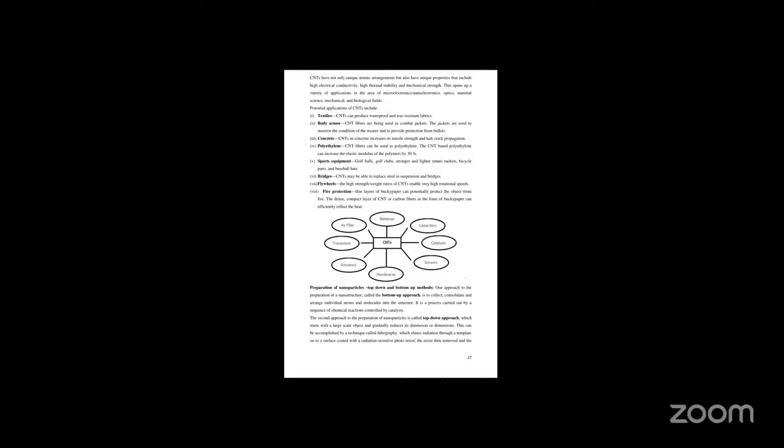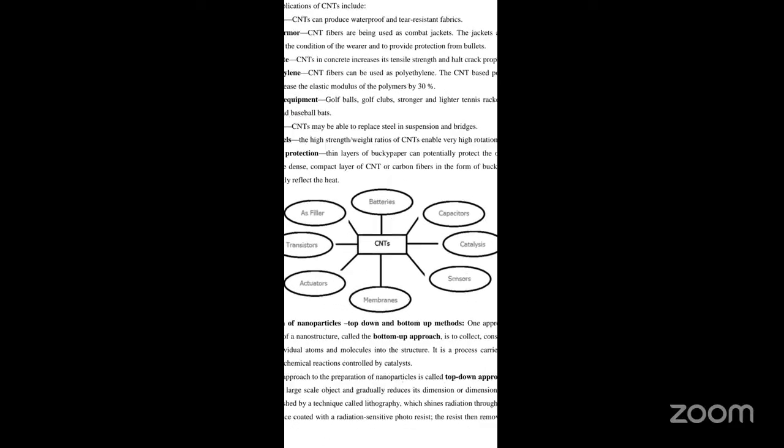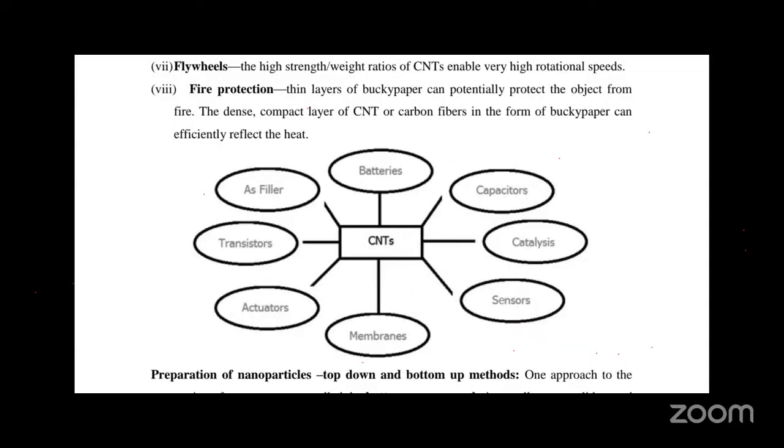There are applications of carbon nanotubes. One-dimensional carbon nanotubes are used in batteries, as capacitors, as catalysts, as sensors, as membranes, as actuators, and as transistors.